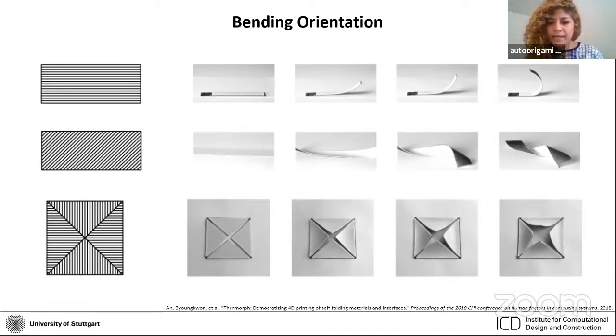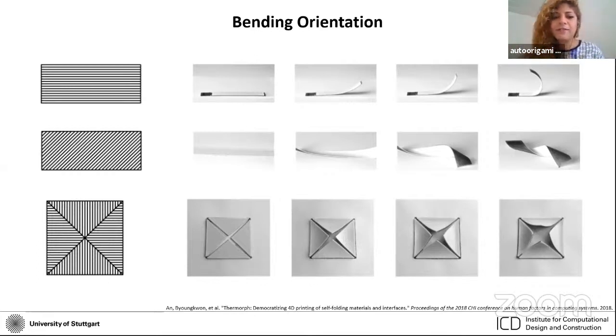And if we want to make something a bit more complex, like what you see in the lower row, where we have different flaps and we want each of them to open in a specific direction, the upper one to the top, the lower one to the bottom, we need to orient the fibers. The way to orient the fibers is to cut the part from a piece of paper, orienting it with the direction that we're supposed to.